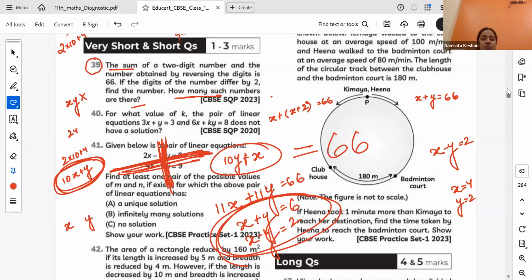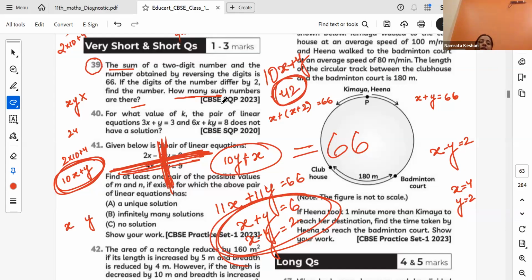Just coincidence, you can see the same number you are getting. So actually here x is 4, y is 2, and your two-digit number you have assumed as 10x plus y. When you will take 10 into 4 plus 2, you will be getting 42. This is your two-digit number.